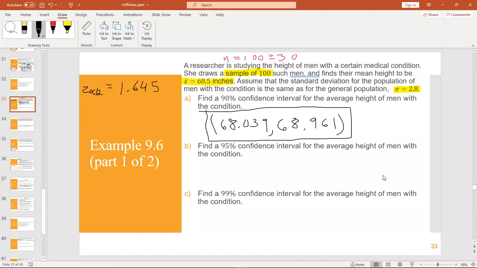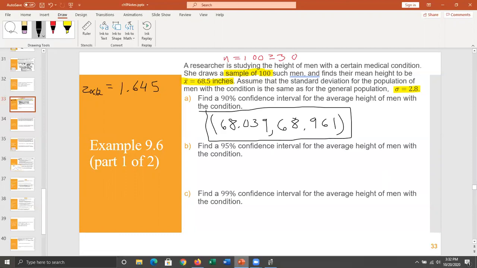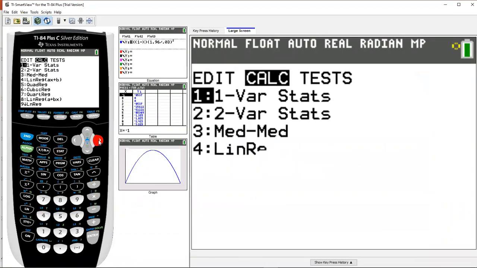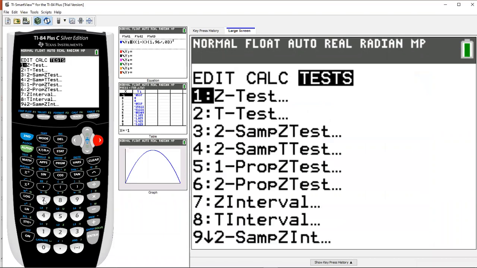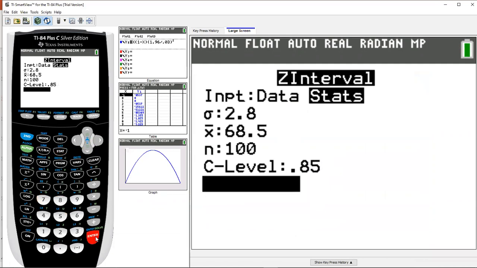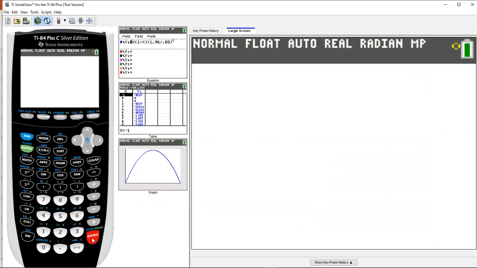Now find a 95% confidence interval. All right, so we're going to do this once more with feeling. We're going to go to Stat, go over to Tests, pick option 7. The other values are staying the same, but we're changing this to a 95% confidence. Whoops, not 85, 95. There we go.